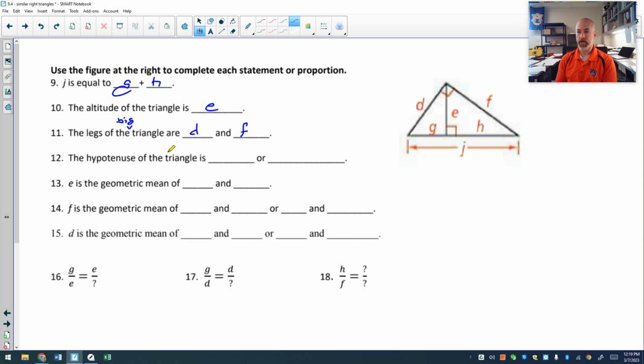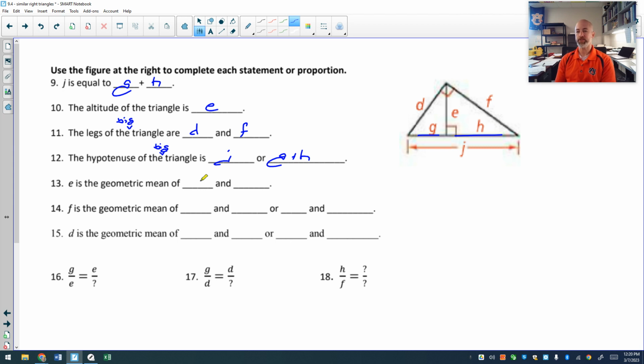The hypotenuse of the big triangle would be the length J, but we've already established that J and G plus H are the same. And here we get into the geometric means. E, the altitude, is the geometric mean of the pieces of the hypotenuse the altitude creates.